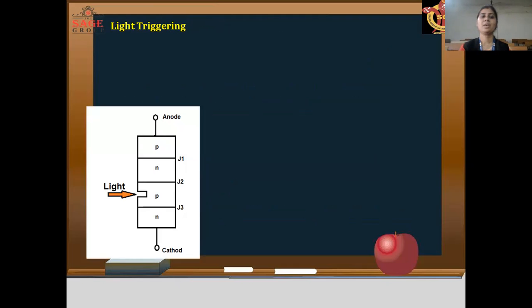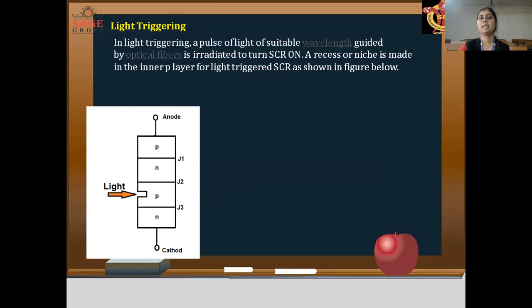You can see here the SCR diagram, P-N-P-N. We have a four layer P-N-P-N structure with three junctions J1, J2 and J3, anode, cathode and gate. You can see that at the P semiconductor, at this point we direct laser light. In light triggering, a pulse of light of suitable wavelength guided by an optical fiber is irradiated to turn on the SCR.